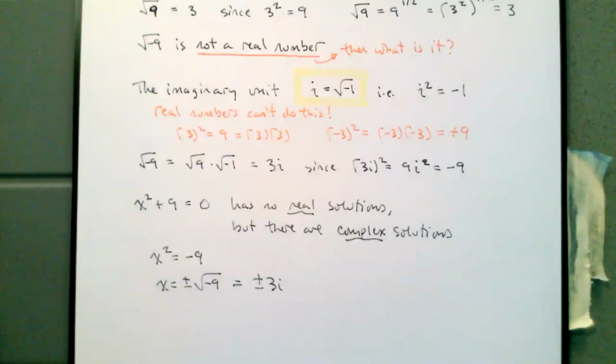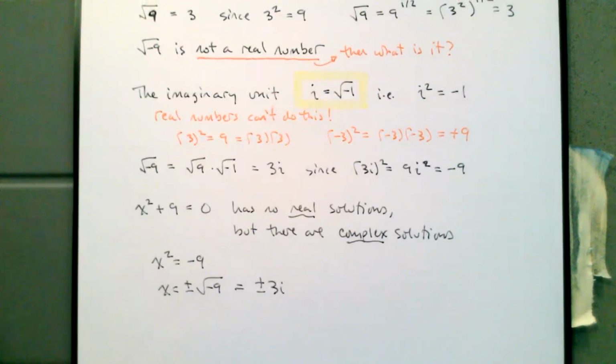So at this point, you're like, oh, dude, you kept calling i the imaginary unit, and now you're talking about complex solutions. So what's this complex number business?